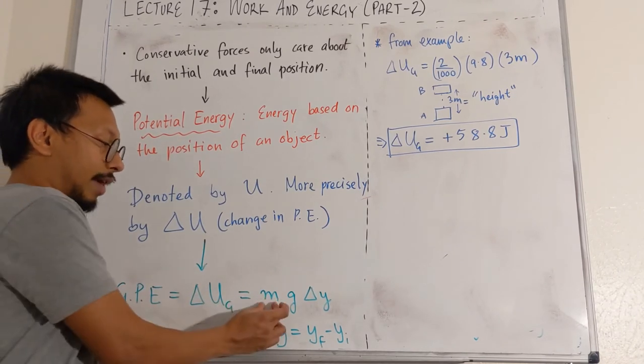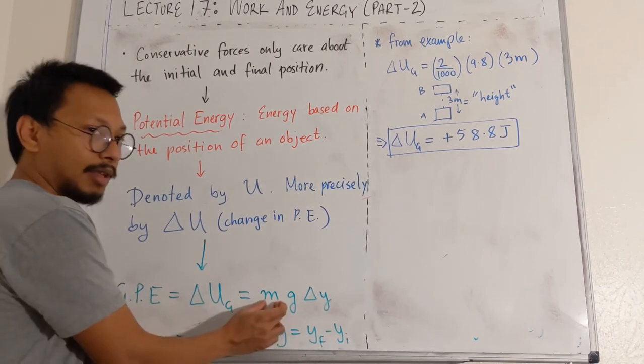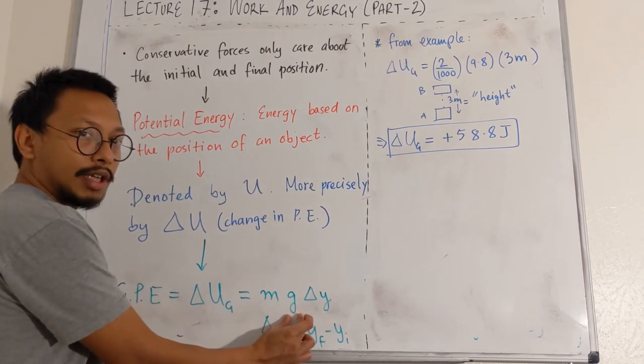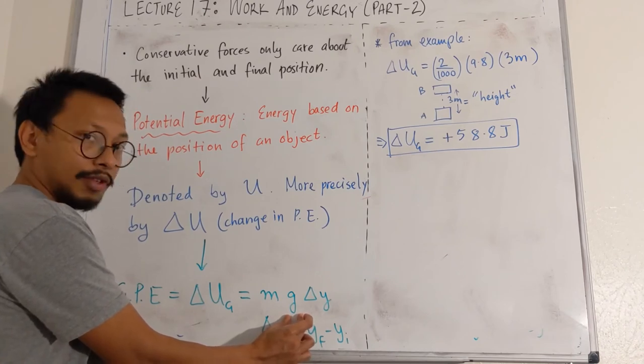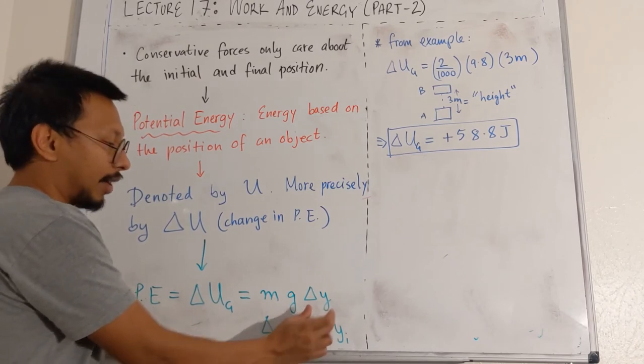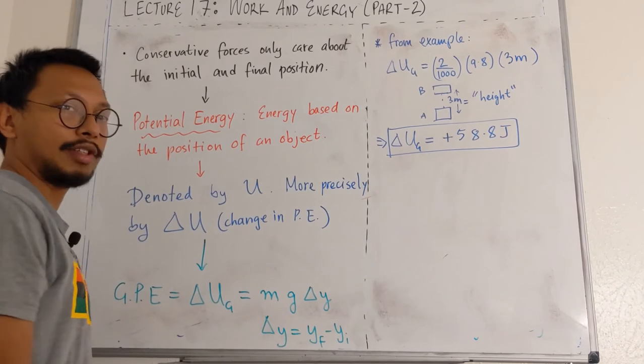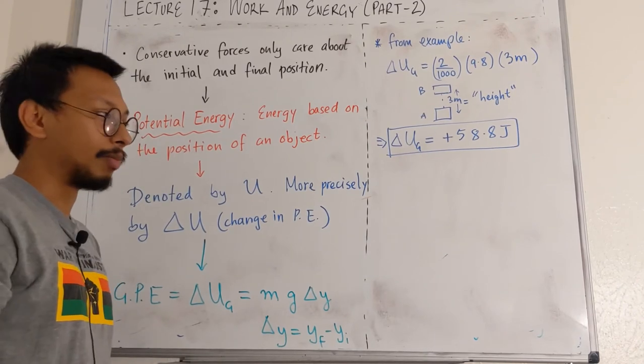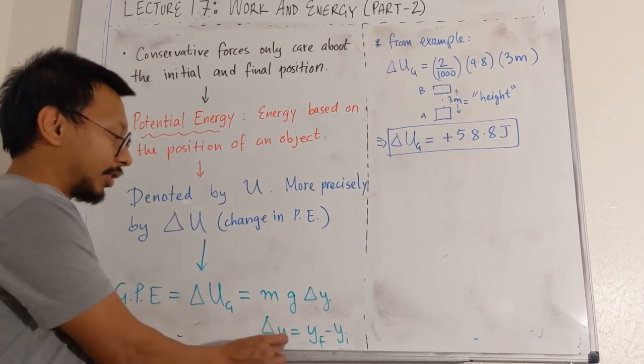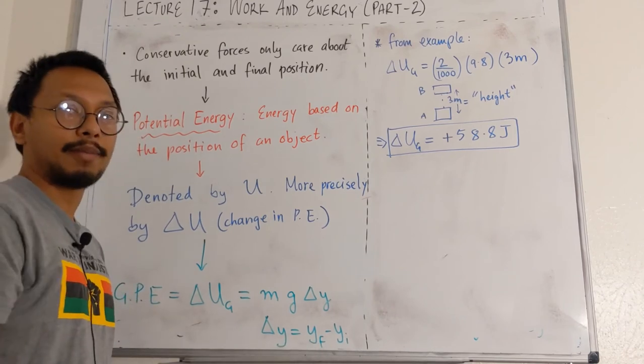This is equal to mg delta y. m is the mass of the object, g is the acceleration due to gravity near the surface of the earth, which is 9.8, and delta y is the change in the relative position of the object between an initial point and a final point. So delta y is yf minus yi.